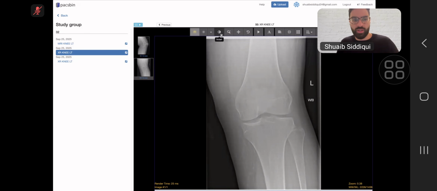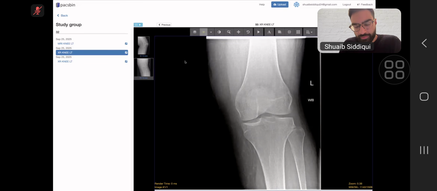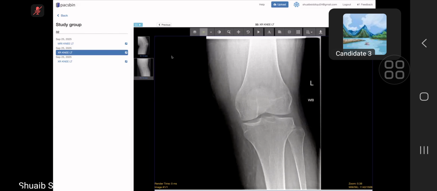This patient presents with knee swelling and is unable to weight bear. This is the frontal knee radiograph, left side of a mature skeleton. The patient is a lady. I can appreciate that there is a diffuse soft tissue swelling, particularly along the medial aspect of the knee joint.